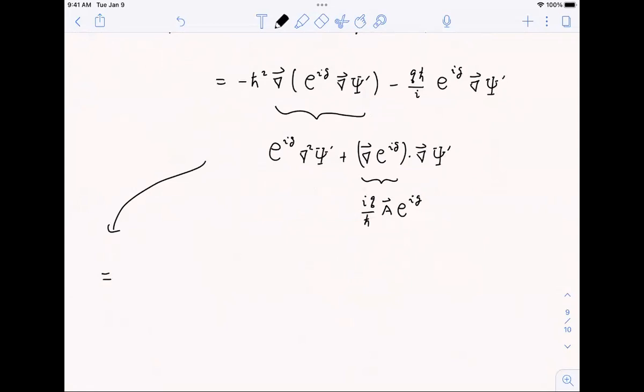You will have this term. This term is negative h bar, and then e^{iG}. And then minus this term, minus this will be negative i h bar A dot.